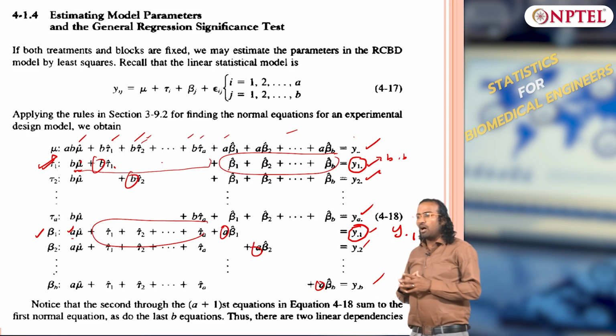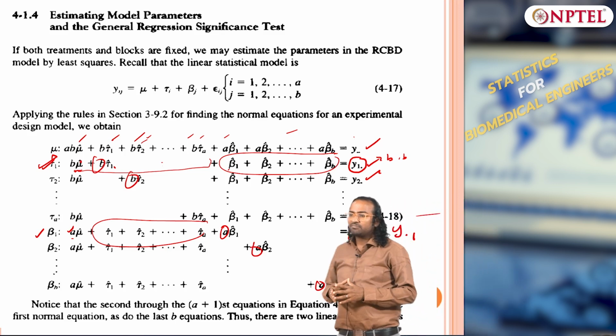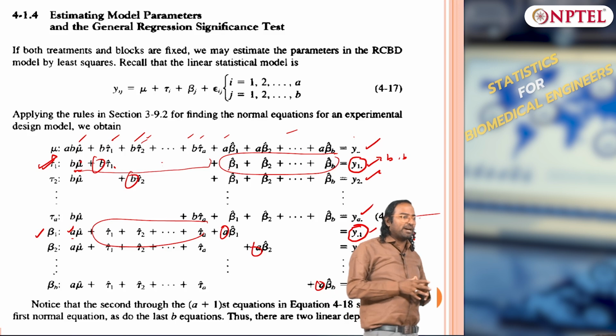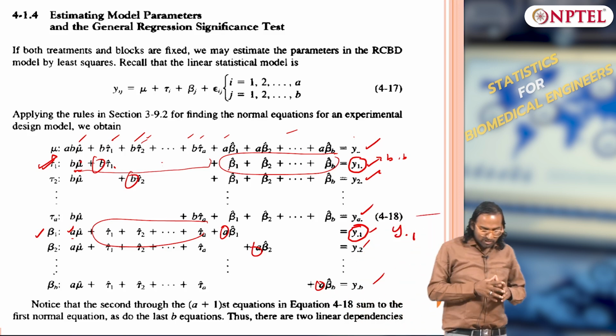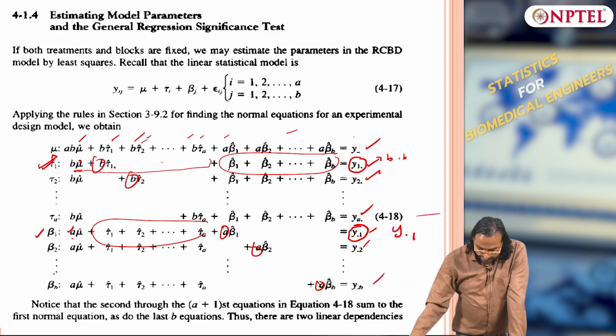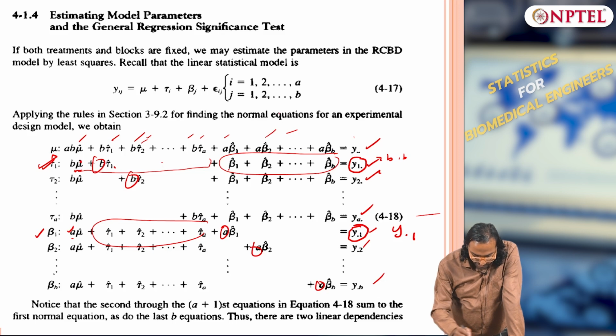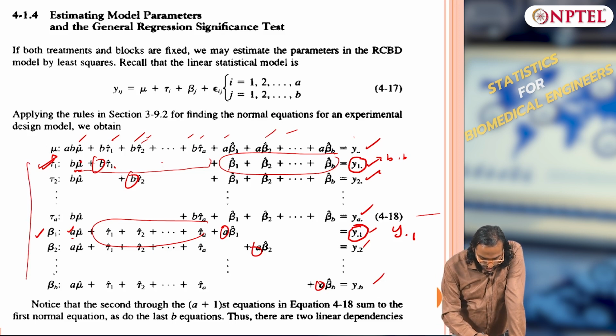And are all these equations independent? How many equations are independent? How do I get the first one? If I add all these equations, I will get the first equation.